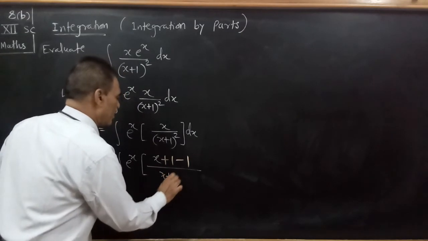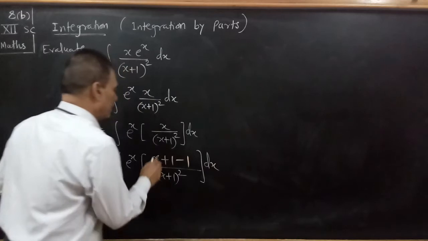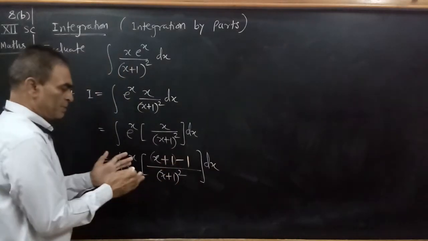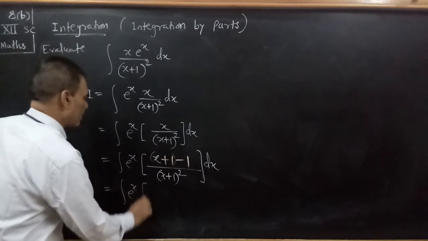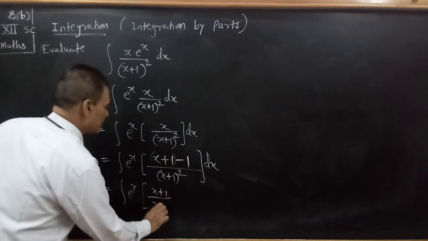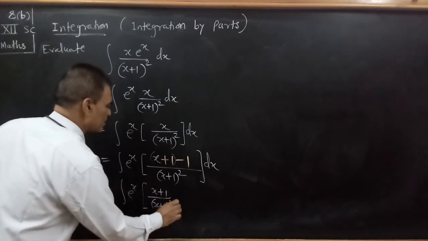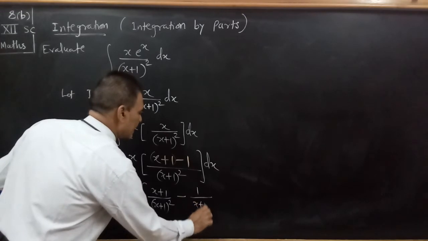As per this adjustment, take the first two terms together and separate the denominator. What happens after separating the denominator? x plus 1 whole square minus 1 divided by x plus 1 whole square into dx.